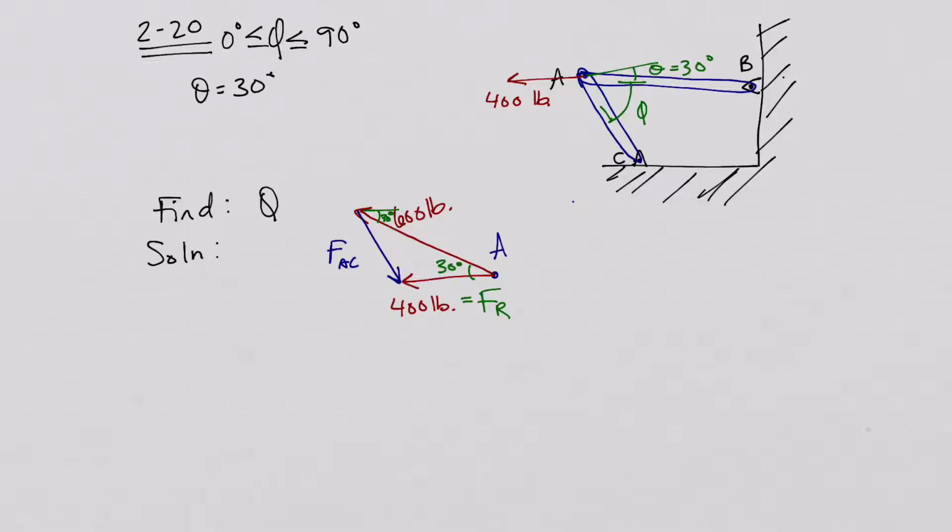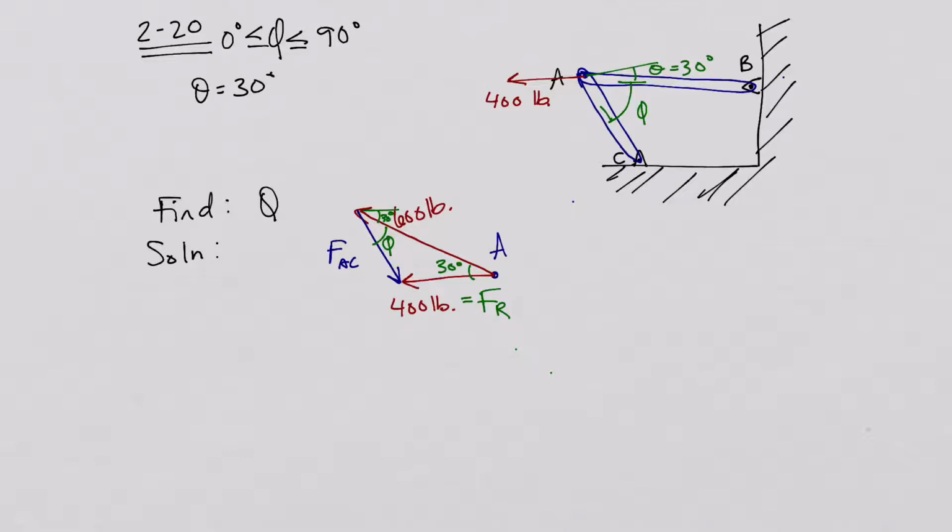We don't know that angle phi, and that would be the angle between AB and AC. So that would be this angle here. That would be phi. That's what we're looking for.